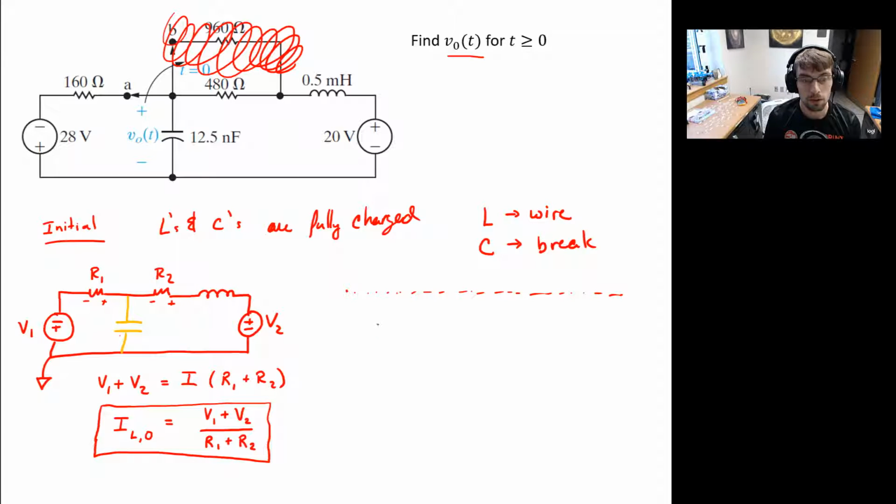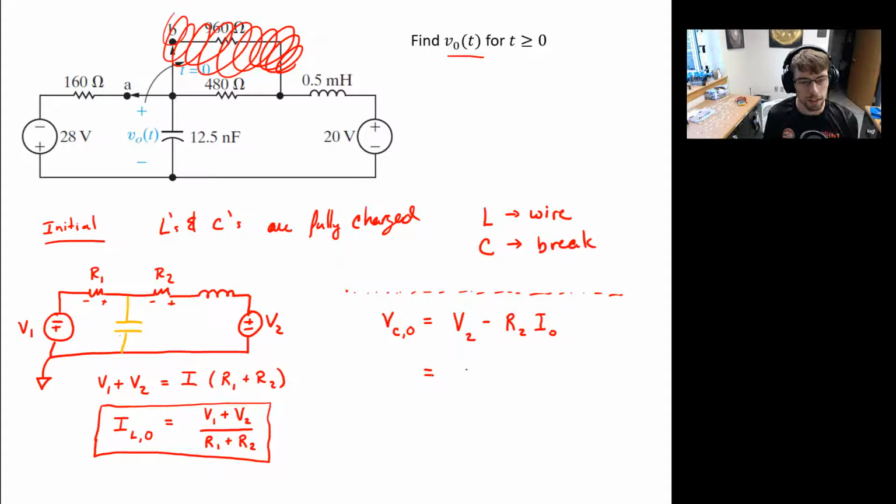So what we can write is that the initial potential difference across the capacitor, and you could do that with the V1 as well if you wanted. I'm going to write this as V2 minus R2 times I naught.